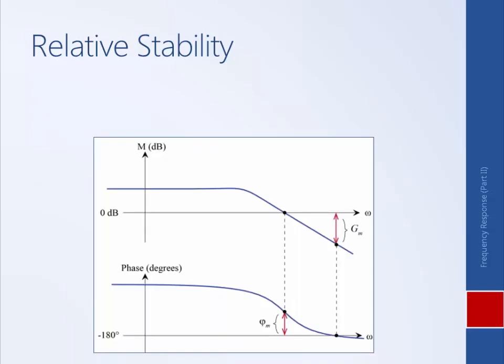So as stated on the previous slide, the gain margin is this quantity here. So when the system is out of phase, so when the system is at a phase of minus 180 degrees, at this frequency, we call this the phase crossover frequency.